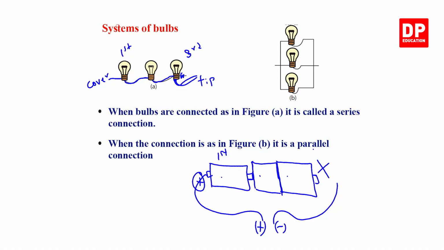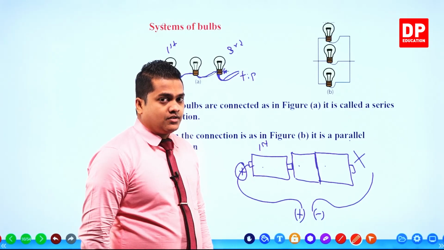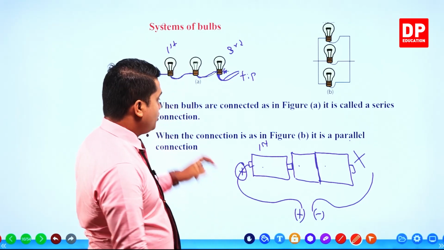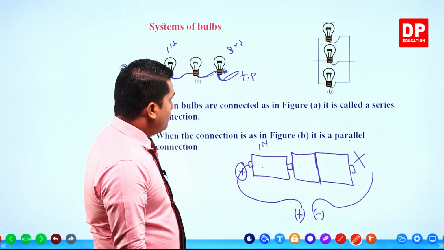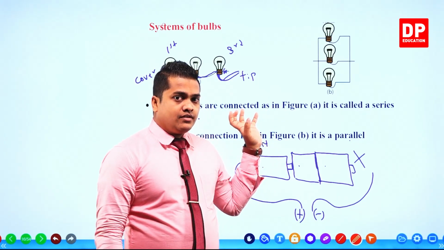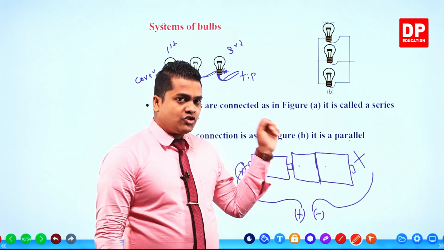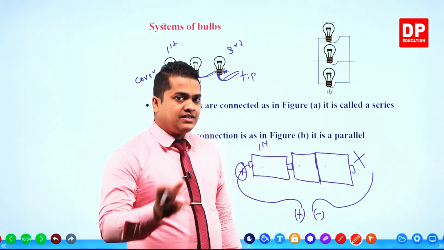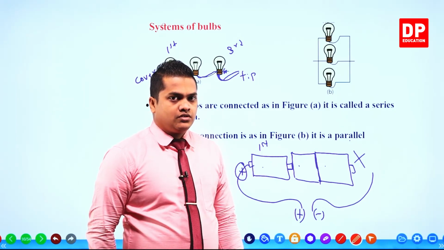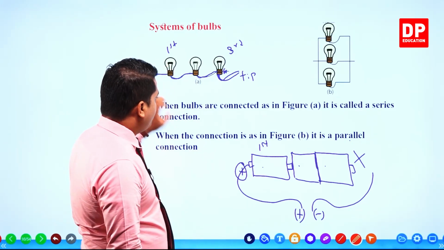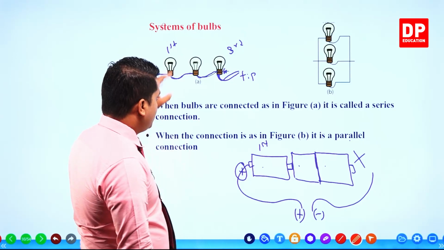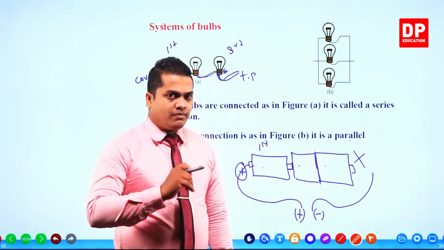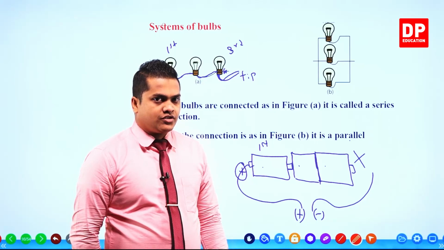One terminal coming from one electrical appliance should be positive, and from the final appliance there should be another terminal opposite to the first one. If positive is coming from here, negative should be there. If the metallic plate is coming from here, then the tip should be there. Like that, the opposite terminal should be there in a series connection.